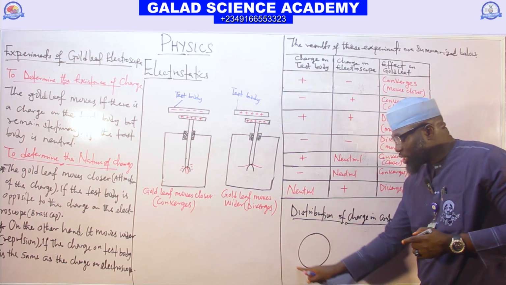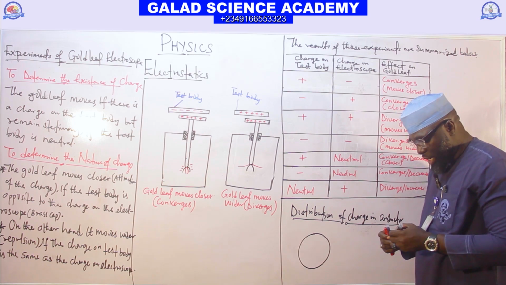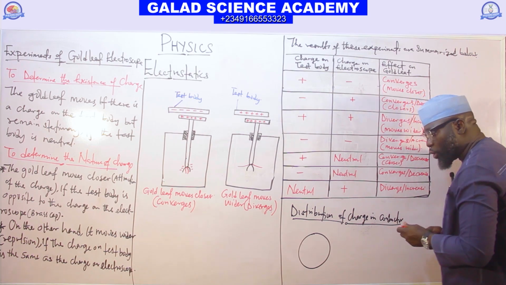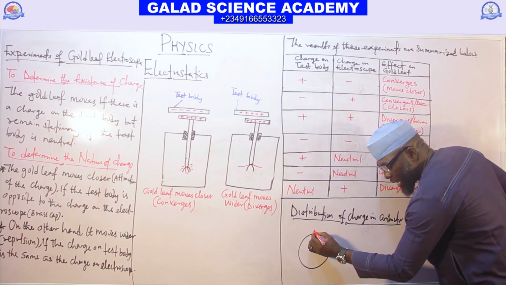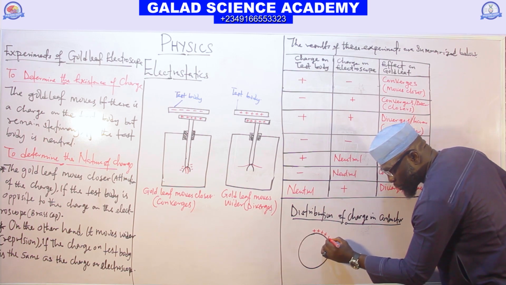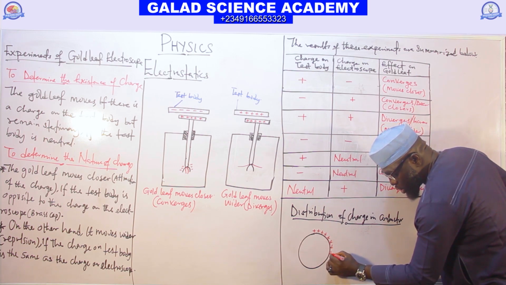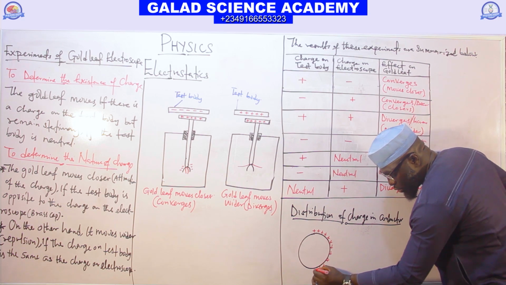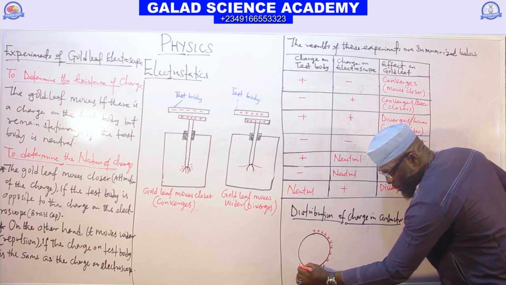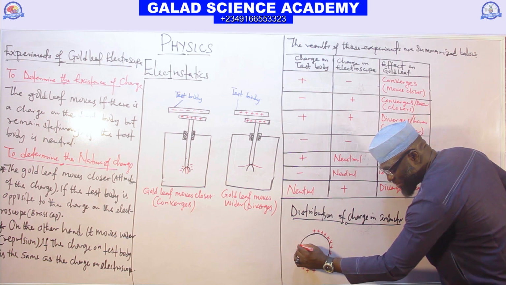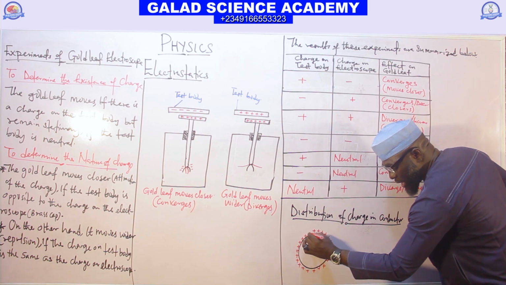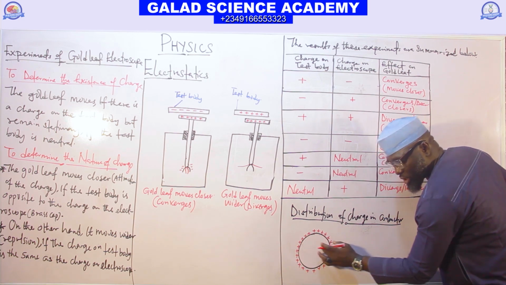Charge can be found at the surface of the conductor. This is a sphere. So the charge is distributed on the surface of the conductor uniformly.